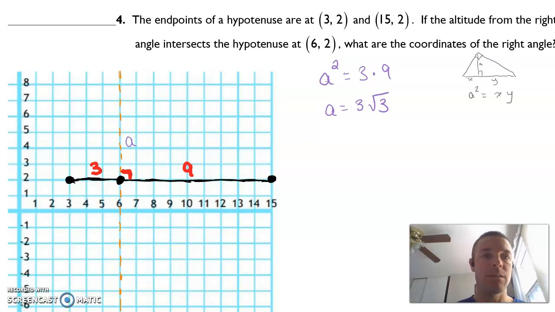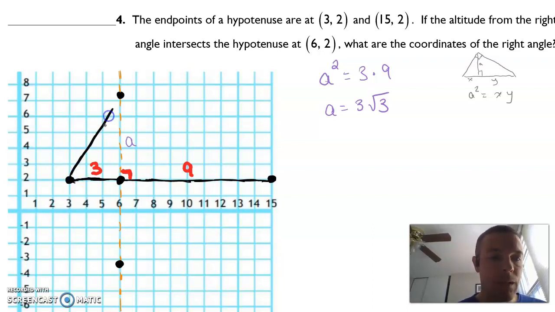That means that if I'm going to plot a point here, I have to go either up 1, 2, 3 root 3 units, so somewhere up a little bit beyond 4, beyond 7, because 3 root 3 is really 5.2-ish, and so I would have to go 5.2 units above where I already am to get a length of about 5.2 units, which would put the vertex here to form my right angle.